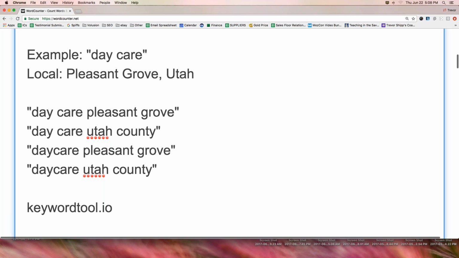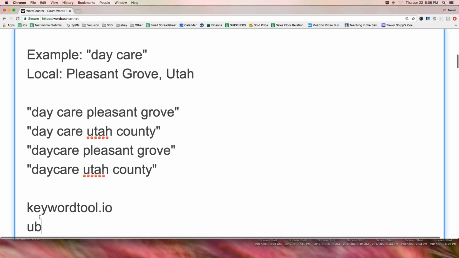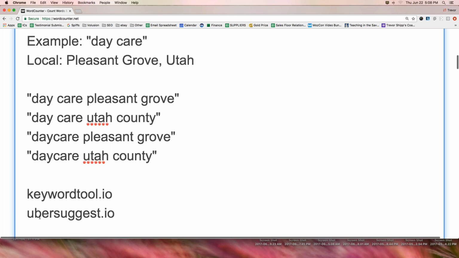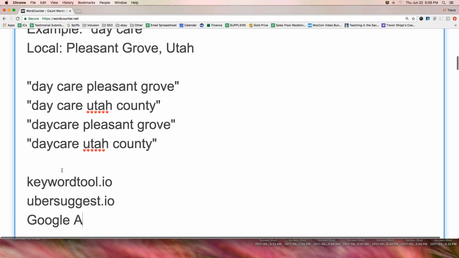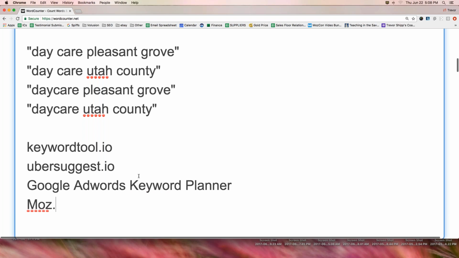How about this one? I don't know if I've talked much about this one. Ubersuggest.io is a good one. How about the Google AdWords keyword planner? You know what I'm talking about? That's the AdWords planner, the big famous Google one that we use sometimes, right? Moz is a useful one. These are just some general ones that we use.